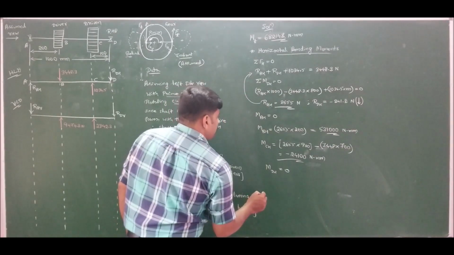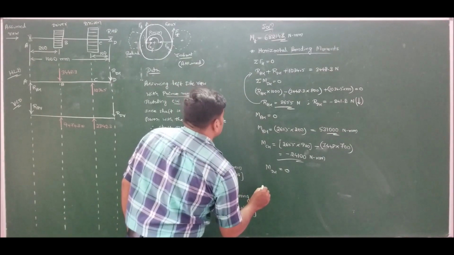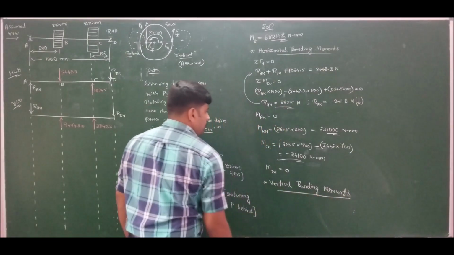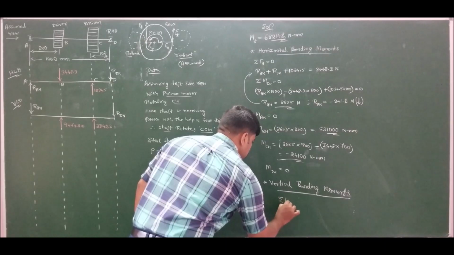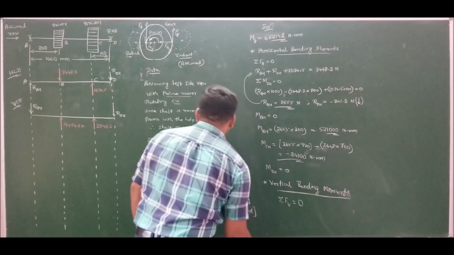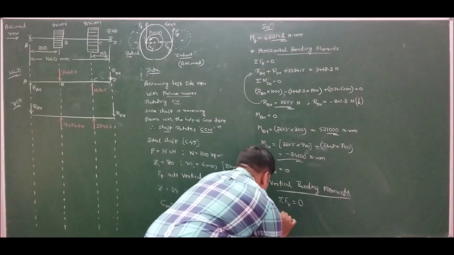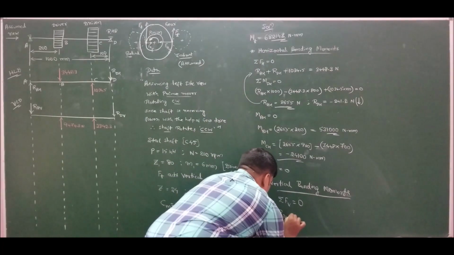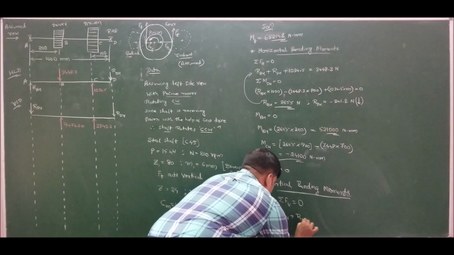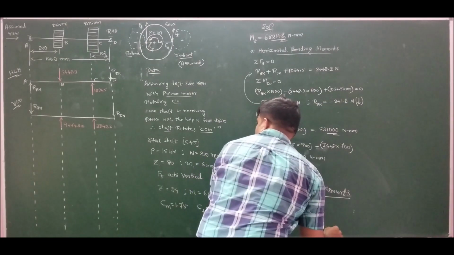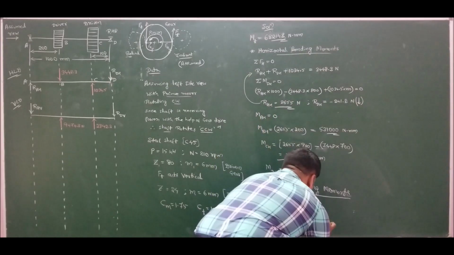Next, moving for vertical bending moments. First I should take summation of forces on vertical load diagram as 0, with which I will get RA vertical plus RD vertical is equal to 9474 plus 2842.